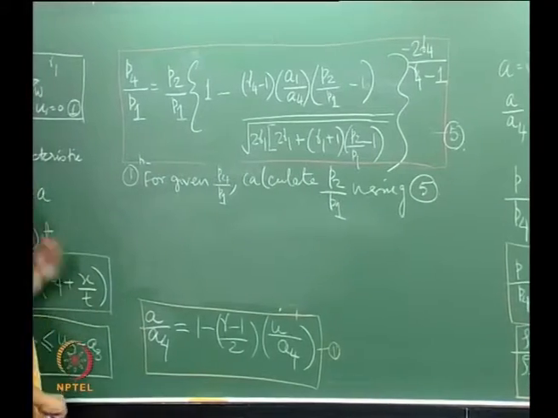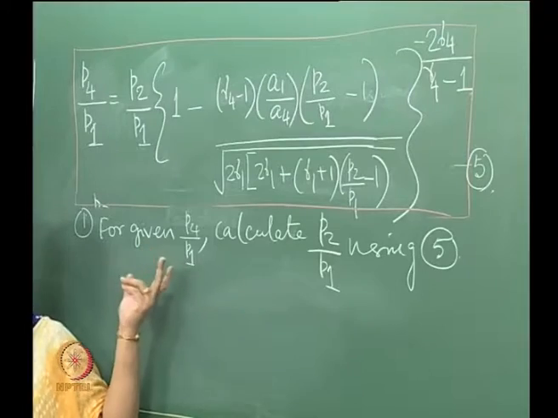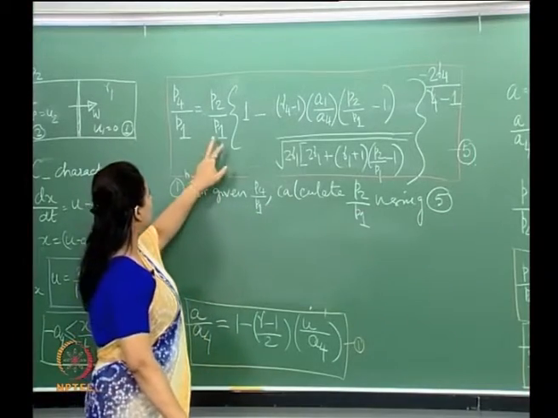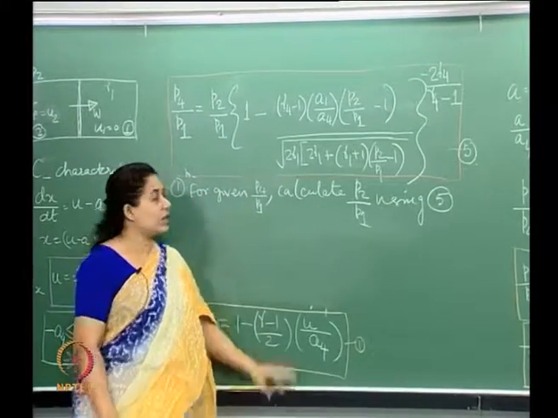You can see from here directly that for a given diaphragm pressure ratio, you can calculate the incident shock strength P2 by P1 using equation 5.